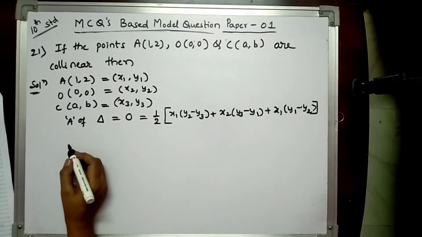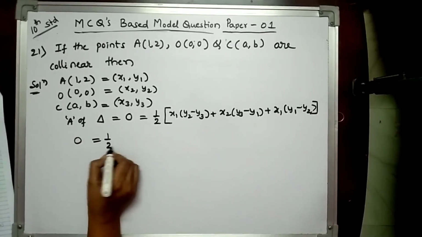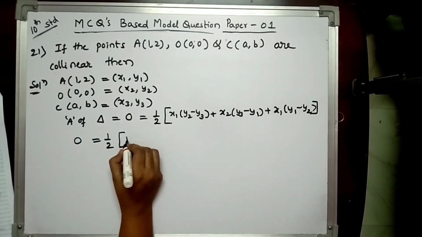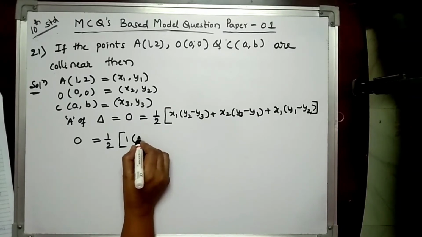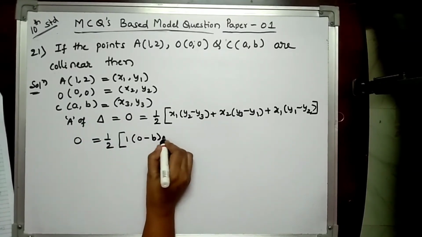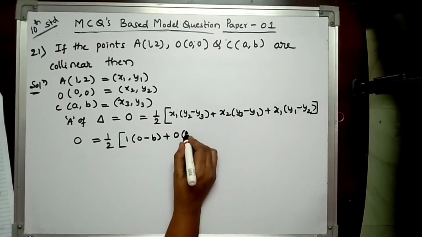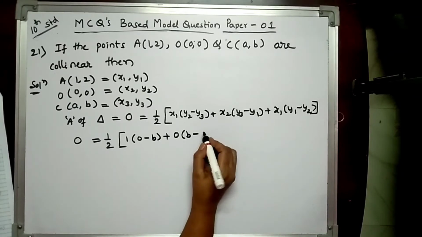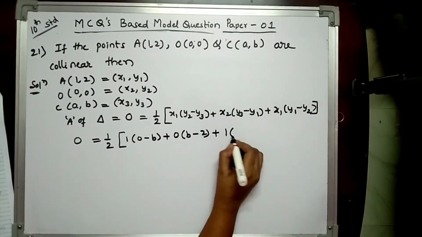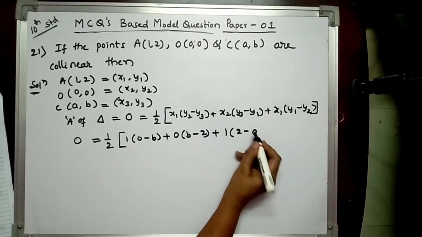Yes, 0 is equal to half. Here x1 is 1, y2 is 0, y3 is b, plus x2 is 0, y3 is b, y1 is 2, plus x1 is 1, y1 is 2 minus y2 is 0.